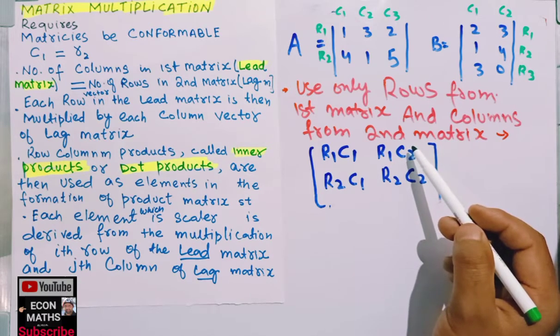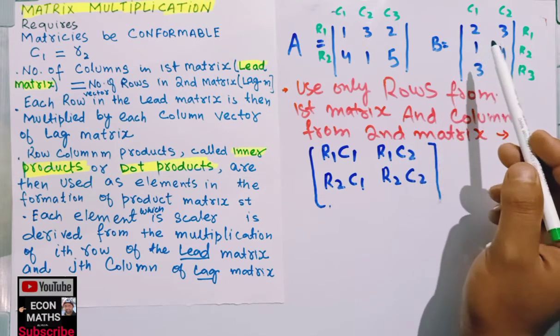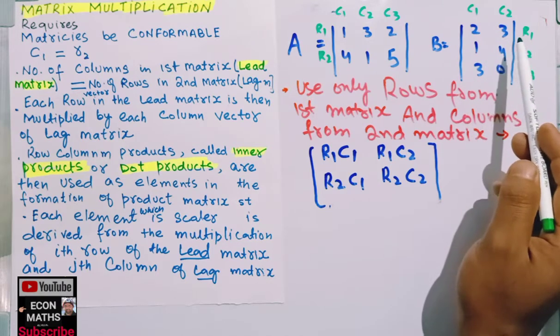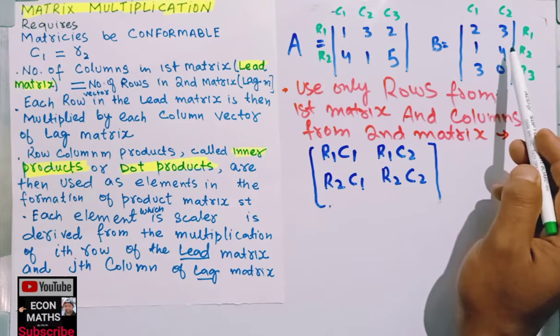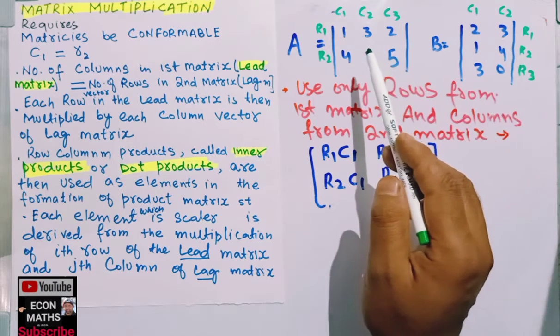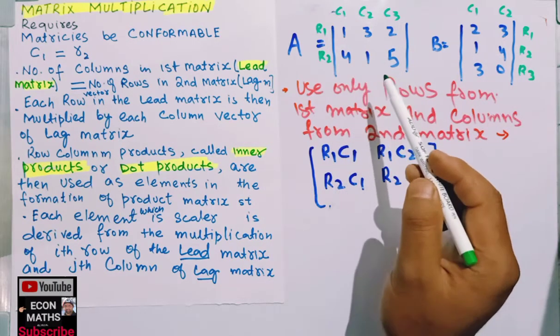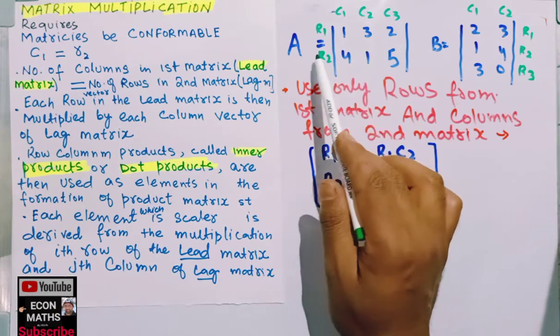Since there are no more columns left in the lag matrix to be multiplied by the first row of the lead matrix, we move to the second row.